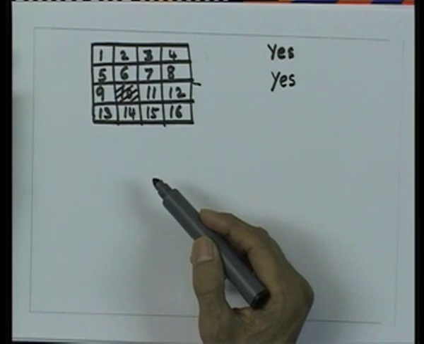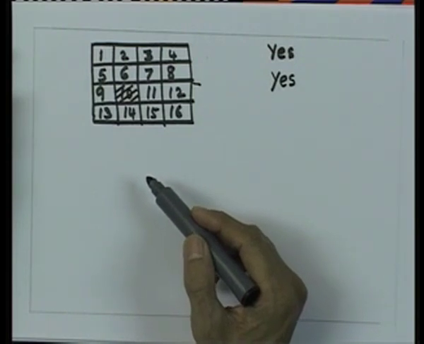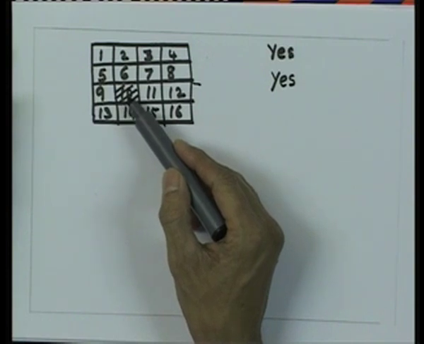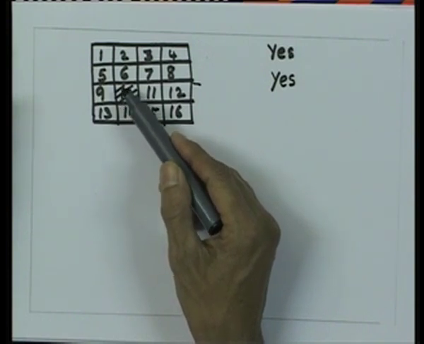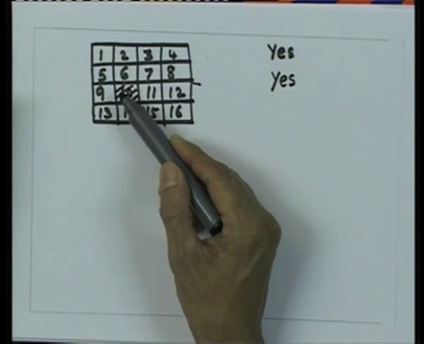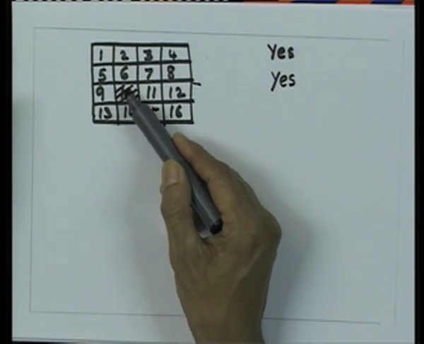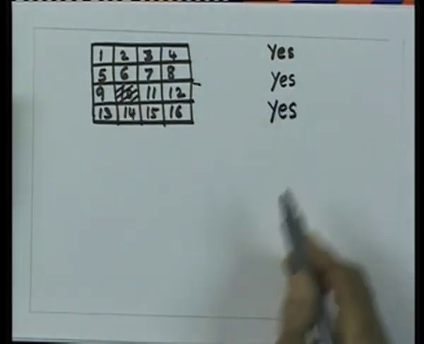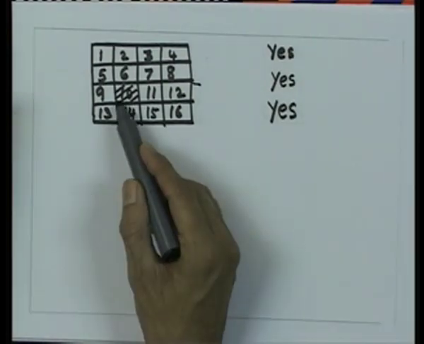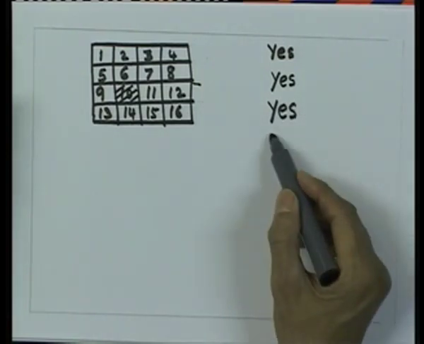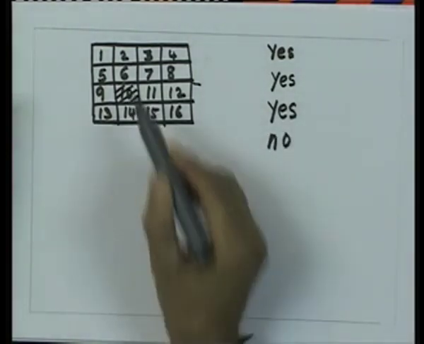Again I can ask a next question: is my grid lying on the top or the bottom? In this case he will say it is lying on the top. So, if I ask the question is it lying on top, the answer would be yes. So, I get a third answer yes. Now, finally I would ask the question, is the grid lying on the left? The answer would be no. So, I know the grid is basically 10.